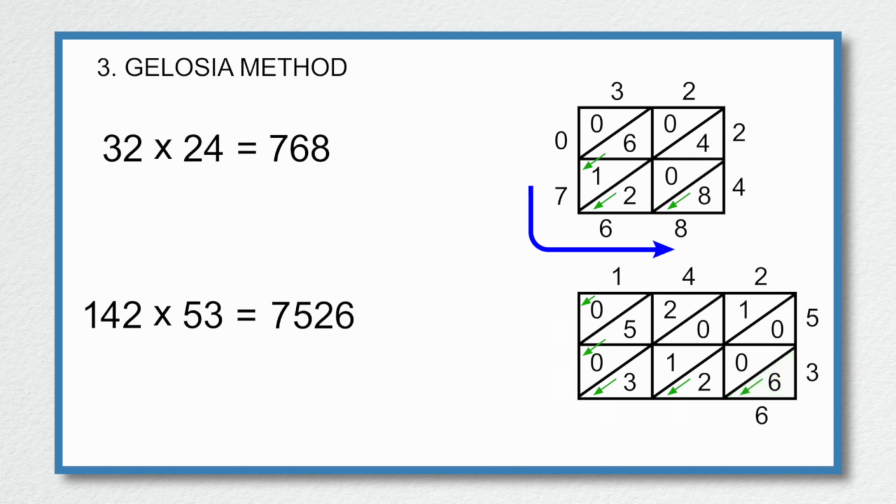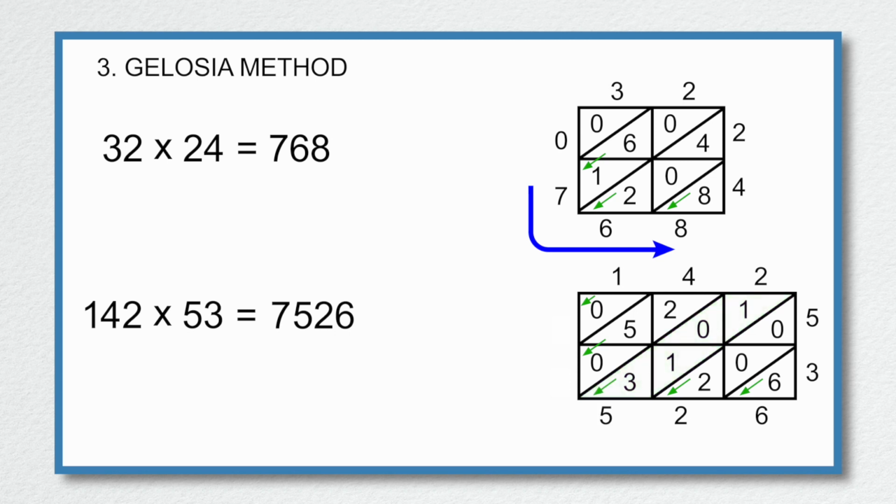We move along to the next diagonal, which is 2 add 0, which is equal to 2. Write the 2 outside the grid in line with the diagonal. We now move on to the next diagonal, which is 3 add 1 add 0 add 1, which is equal to 5. Write the 5 down.